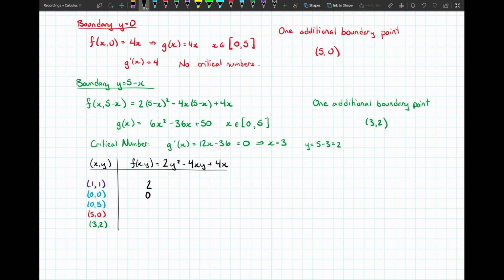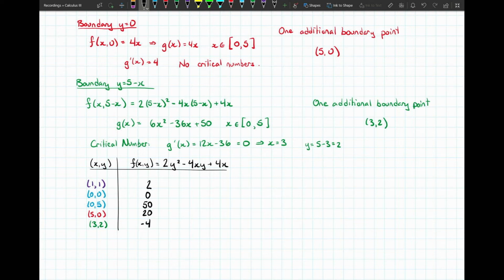If we plug x equals 0 and y equals 5 into this equation, we're up to 50. And that looks like it might be our absolute maximum, but we have 2 more points to consider. If x is equal to 5 and y is equal to 0, we have 20, which is close but not quite the maximum. Finally, when x is equal to 3 and y equals 2, it's the only time we actually see the function get a negative value.